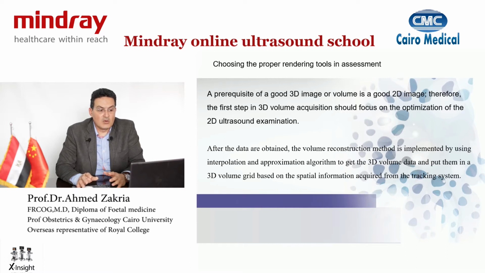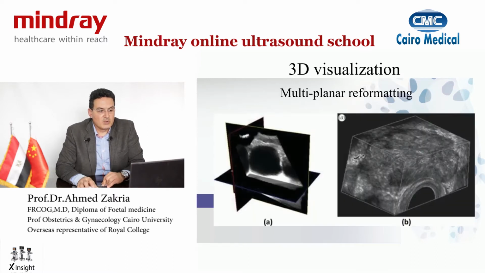After the data are obtained, the volume reconstruction is implemented using two procedures. One is called interpolation and the approximation algorithm to get the 3D volume data and put them into a volume grid-based or spatial information acquired from your tracking system.